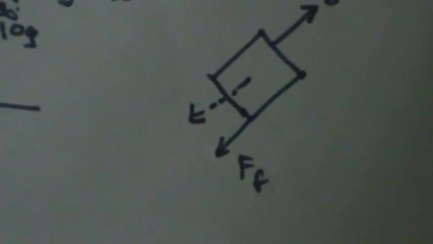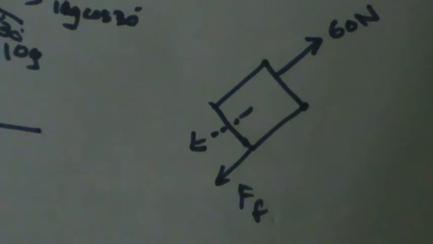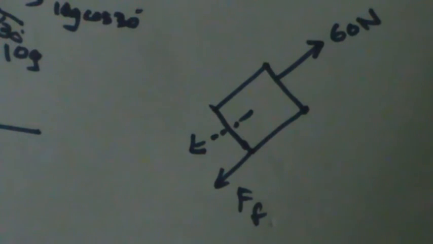The component of gravity in the direction parallel to the inclined plane is in this direction, so that will be 10g sin 30. I'll take g equals 10. So if g is equal to 10, 10g will be 100. Sin 30 is half, so 10g sin 30 will be 50 newtons.